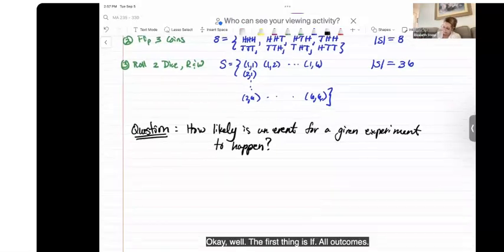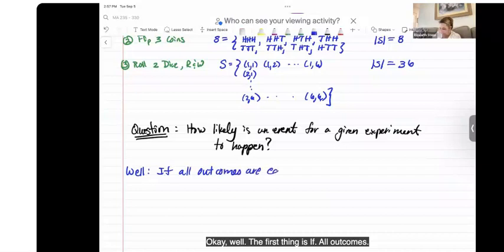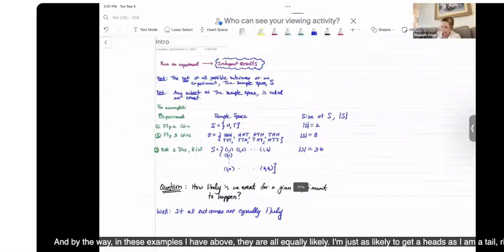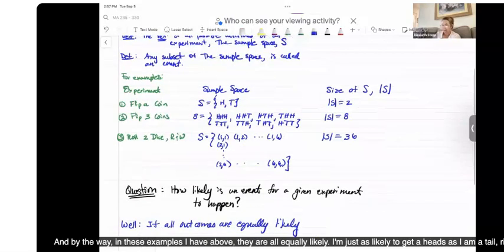Okay, well, the first thing is, if all outcomes are equally likely, and by the way, in these examples I have above, they are all equally likely. I'm just as likely to get a heads as I am a tail, right?